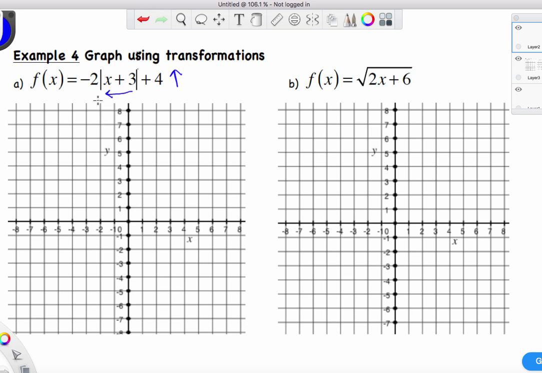And then I also have a number on the outside being multiplied by my function, and when it's on the outside, that is going to be a vertical stretch or compress, and this is actually going to be a vertical stretch, and it's going to increase my y values.